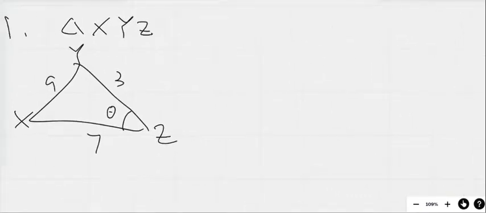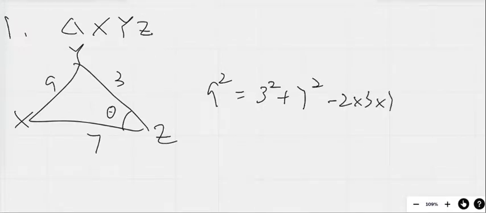So in this question, we want to find angle theta. And the side corresponding to that is 9. So what we're going to do is put 9 squared on the side by itself, and we do the rest. 3 squared plus 7 squared minus 2 times 3 times 7 cosine theta.